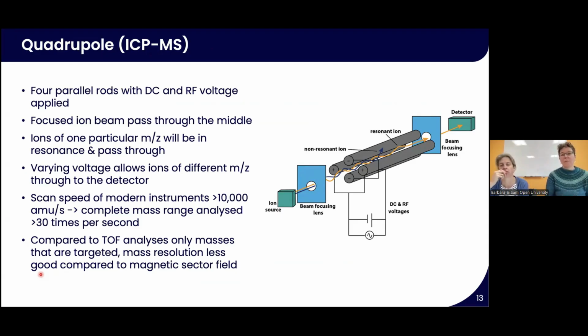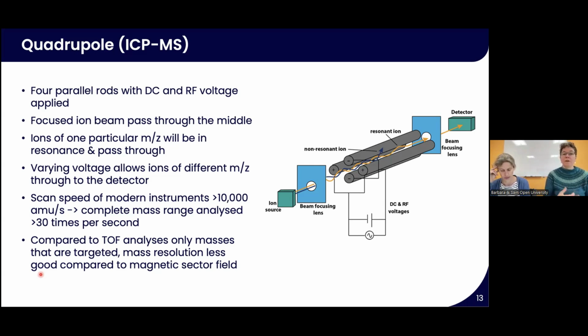All other ions will simply collide with the metal rods and don't go through to the detector. By varying the voltage, we can then allow different masses to go through to the detector. And modern instruments can scan more than 10,000 atomic mass units per second, which allows us to completely scan the mass range more than 30 times per second.